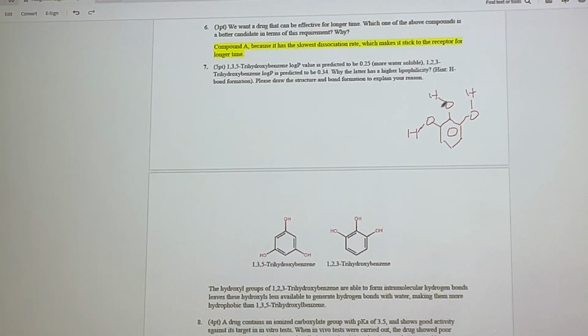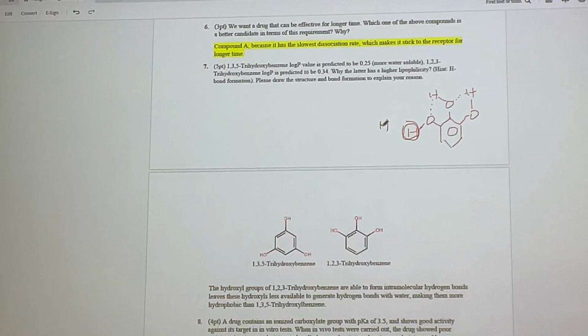So you can see this hydrogen would be close to this oxygen, and this one will be close to this oxygen. So they can form quite a strong intramolecular hydrogen bond, so that the leftover hydrogen that can bond with the water molecule is actually much less.